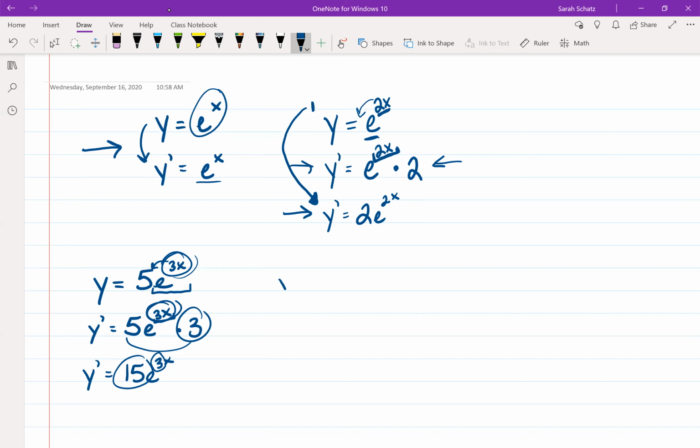Okay, so let's do another one. I've got y equals 7 times e to the 3x squared plus 5x. So let's deal with this one step at a time. This 7 is a coefficient, so it comes straight down. This e to all of this nonsense is an exponential term, so it comes down exactly as is.